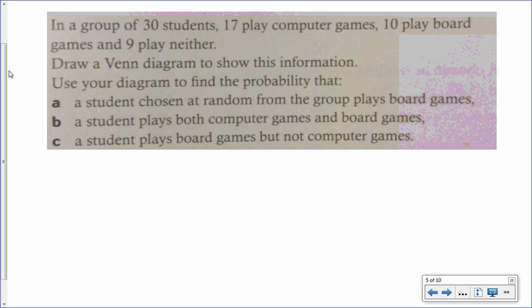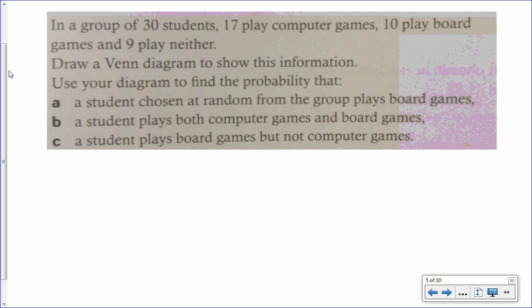This X and this X will cancel each other out. 17 plus 10 is 27. 27 minus X plus 9 equals 30. Let's move the X to the other side, make it positive, and add together the 27 and the 9 that remain, so 36 equals 30 plus X, and now I can subtract the 30 from both sides and find out that X equals 6.